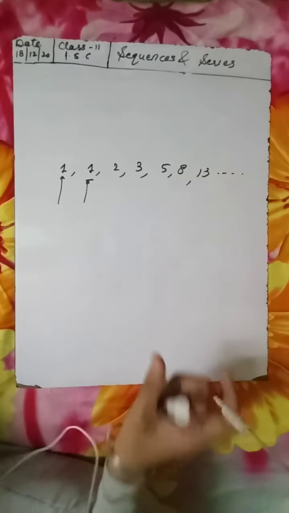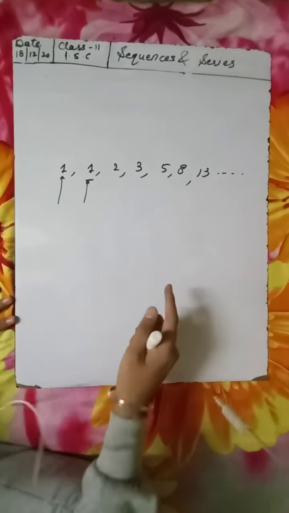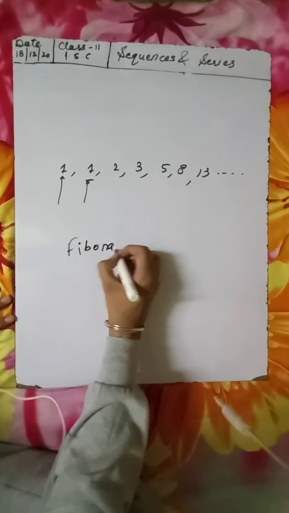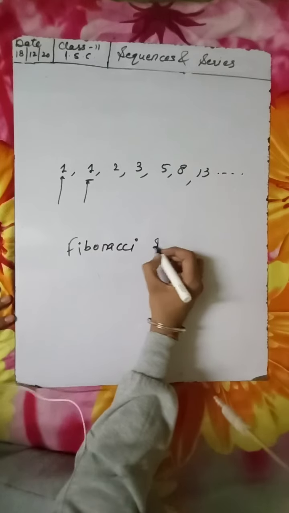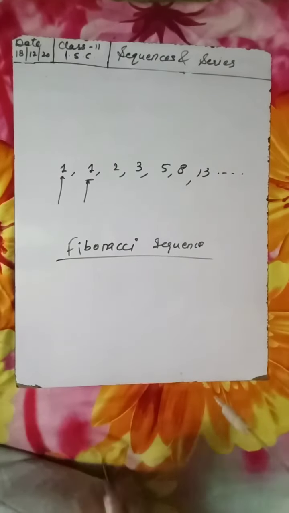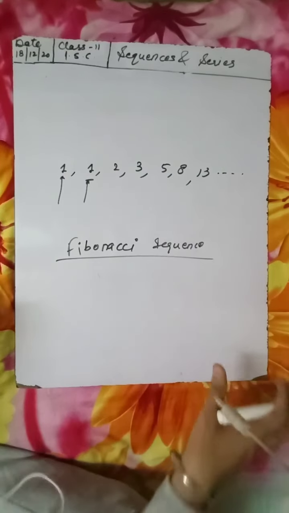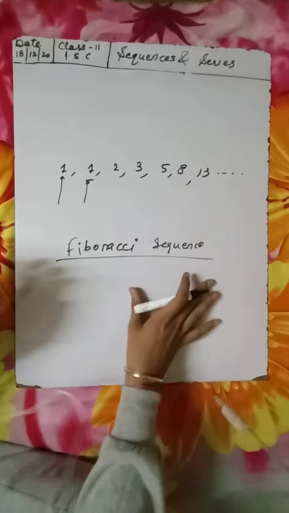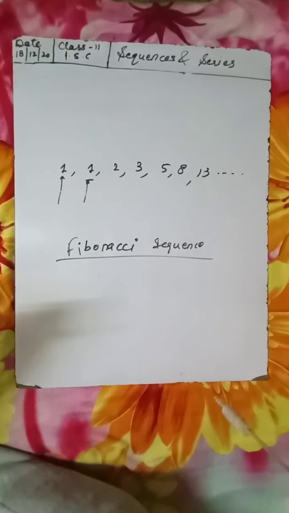This is a kind of progression, and this is called a Fibonacci sequence. As in the 10th class, you would have made a Java program on such a pattern, that is the Fibonacci pattern or Fibonacci series. Okay, so this is how the Fibonacci works.